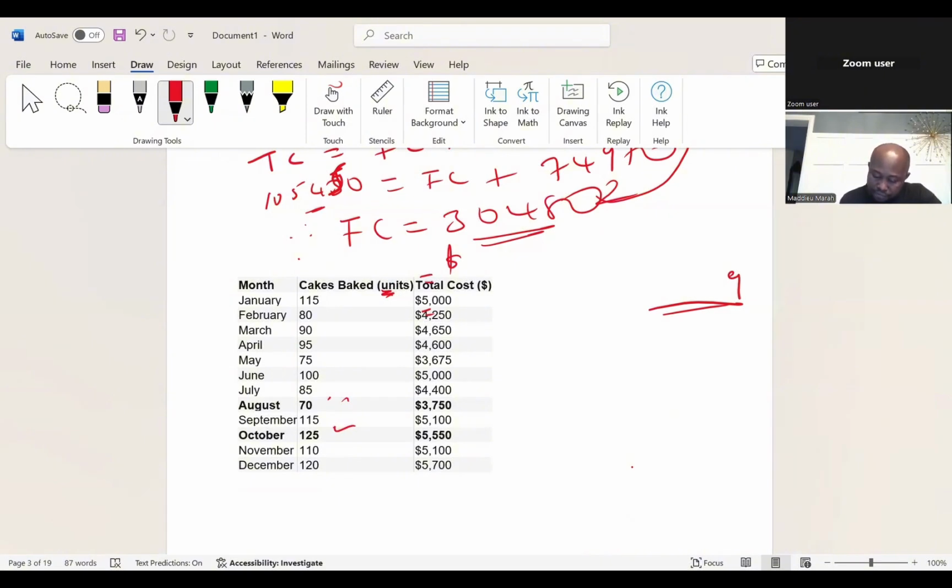August, I have 70. So August is going to be my low. I think 70 is the lowest from all of these, and this is my high. So I have my high activity. This is the first work you have to do. Look at the data and identify which one is the lowest and which one is the highest. So the lowest from this data is 70 and the highest from this data is 125.